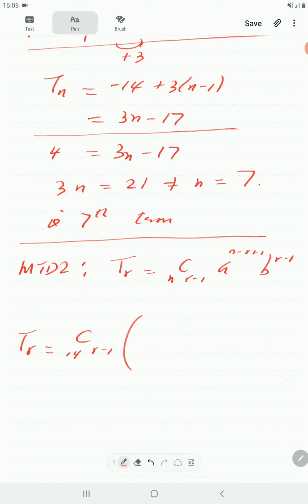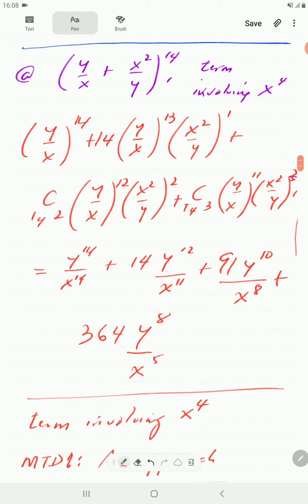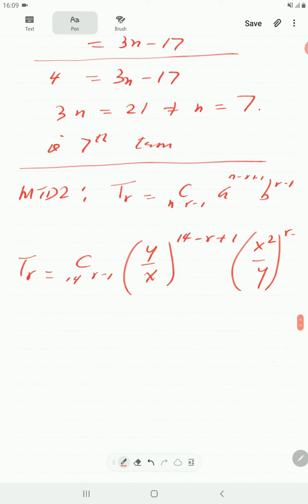The a term is y over x, and the b term is x squared over y. So this is going to be to the power r minus 1. This one is to the power 14 minus r plus 1. So 14 minus r plus 1 here, x squared over y, r minus 1.